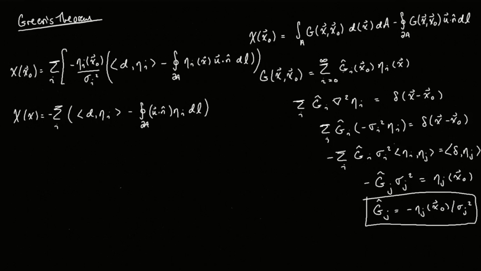Okay. And this is divided by, I'll just say sigma i to the minus 2, eta i of x. Now, remember, what we were after was this representation.